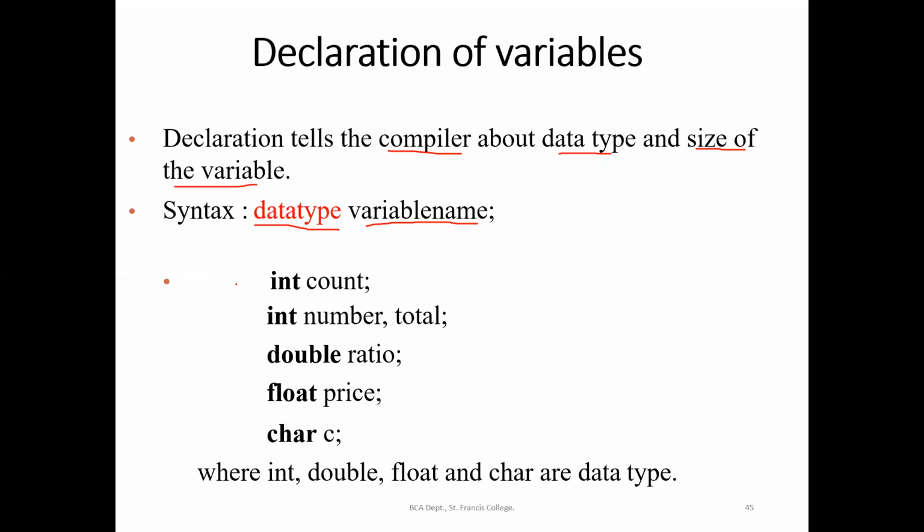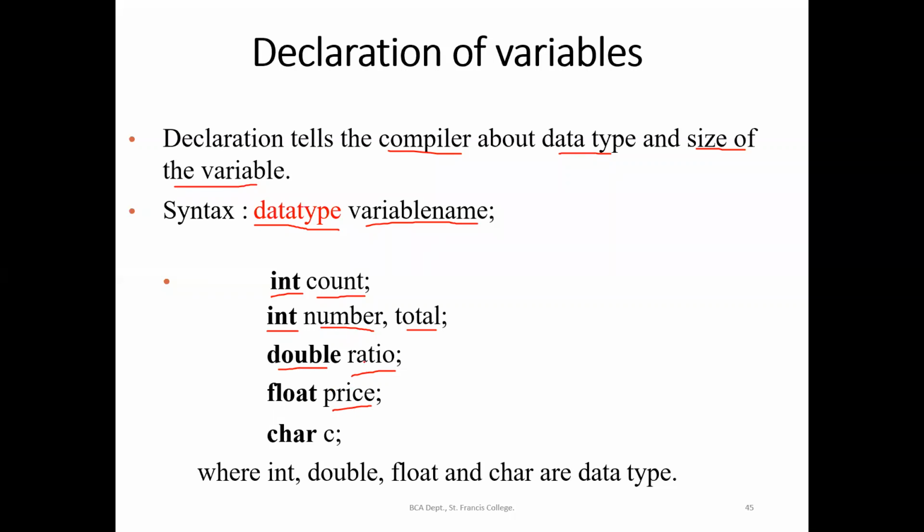Here I am showing some data types like integer, and I am declaring a variable called count of the data type int. Here there are two variables, number and total. You can call them either an identifier name or a variable name. Number and total are declared with the data type int. The ratio is declared as a double data type.